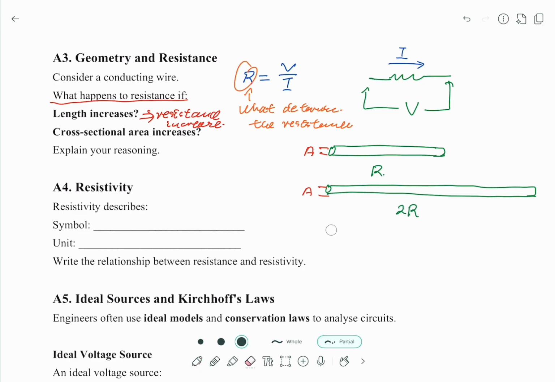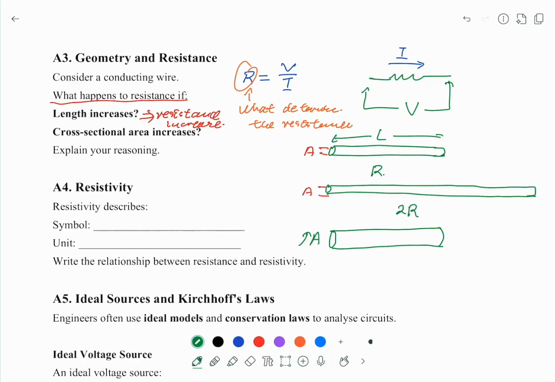This time, the cross-sectional area increases, just like your water pipe, the area gets bigger, with the same length. In this case, what we find is the resistance reduces. So we say the resistance in this case decreases.